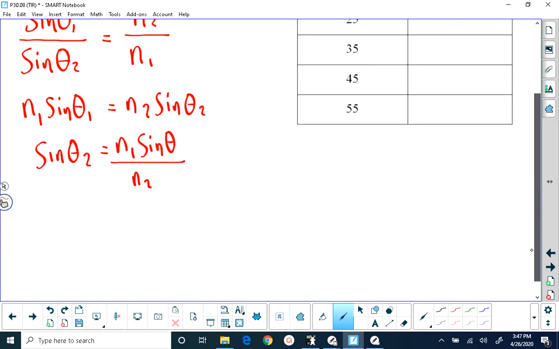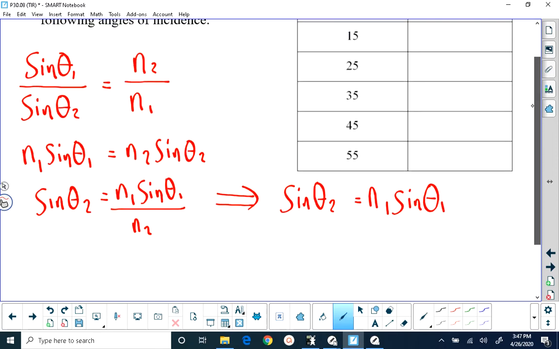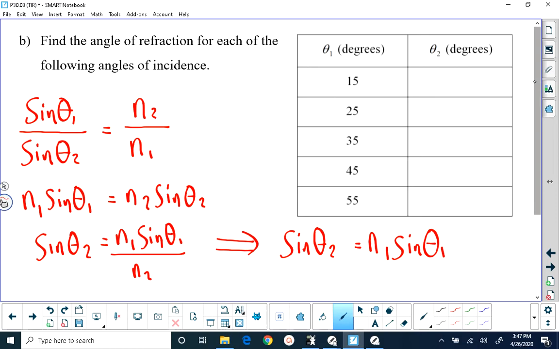So since N2 is 1.00, that means that sine of theta 2 is equal to N1 multiplied by sine of theta 1. So to calculate all of these theta 2's is really kind of trivial in terms of complexity. All we have to do is take 1.33 times sine of the angle of incidence and then take the inverse sine.